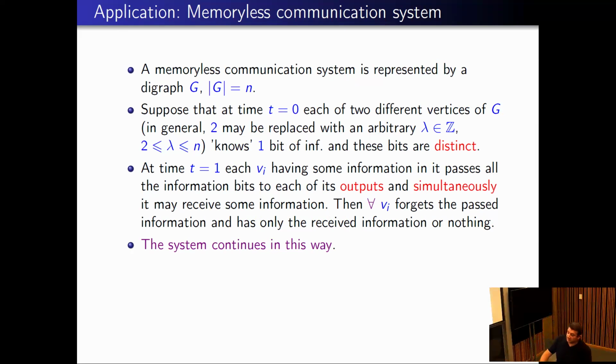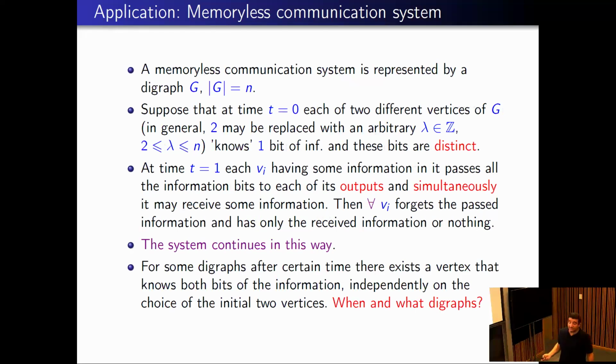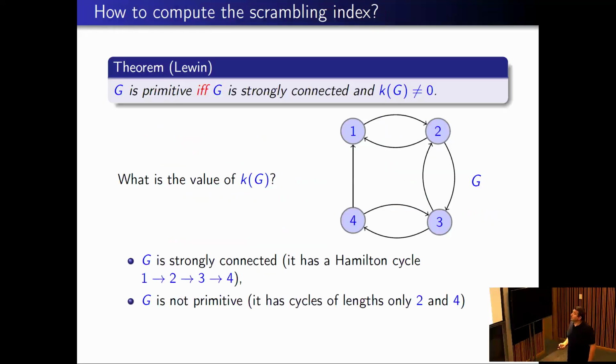And when new information comes, assume you bring to this information, I don't know, login and password. You're asking questions like, will there be an element of the network where login and password will arrive simultaneously, and when. And this is a scrambling index, in fact.